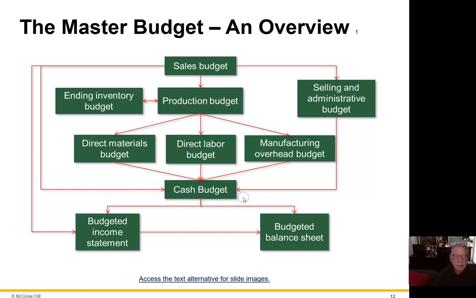And the better we can forecast that cash budget, the better rates of interest I can get, the better planning I can do, and I don't have these crash and burn requirements for cash on a regular basis. And then from all these budgets, we do prepare a pro forma or budgeted income statement and a pro forma or budgeted balance sheet.